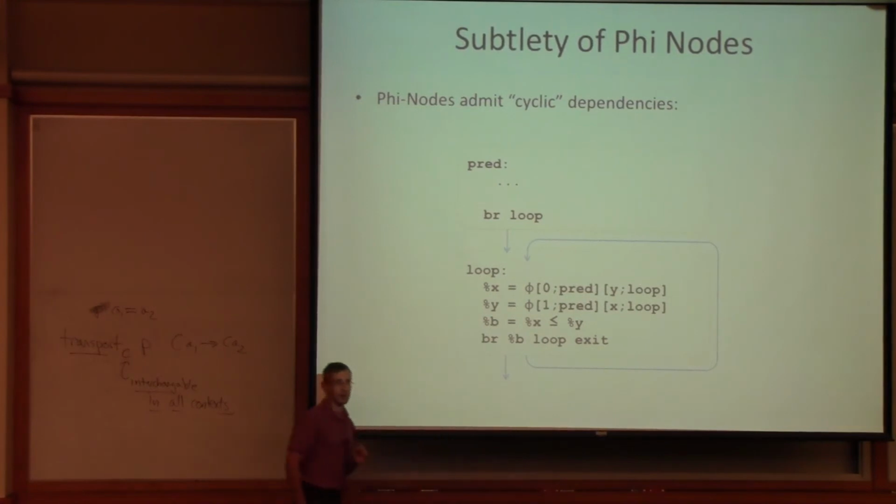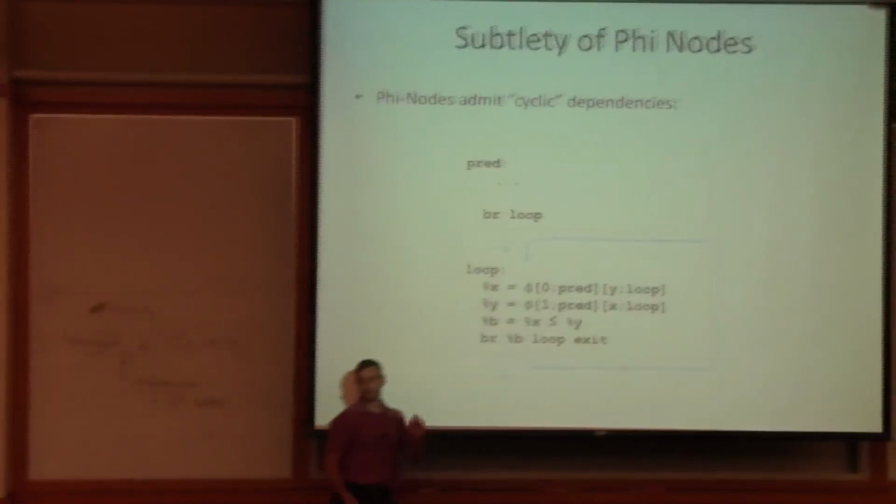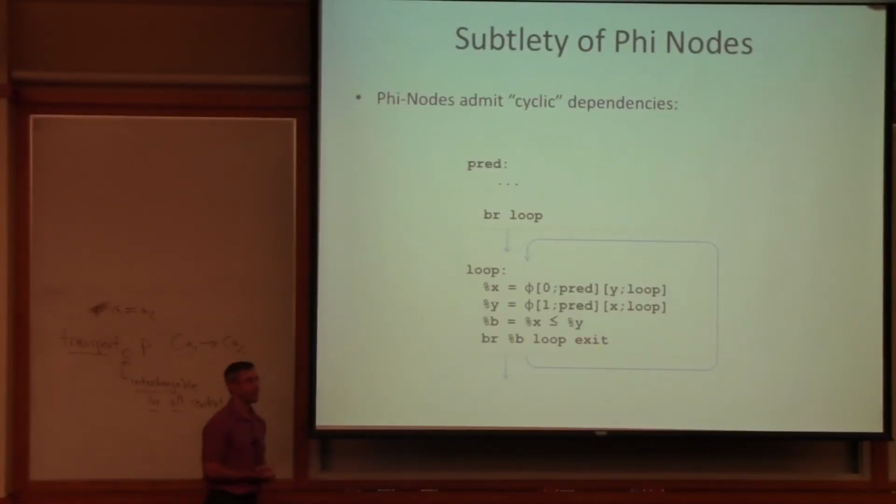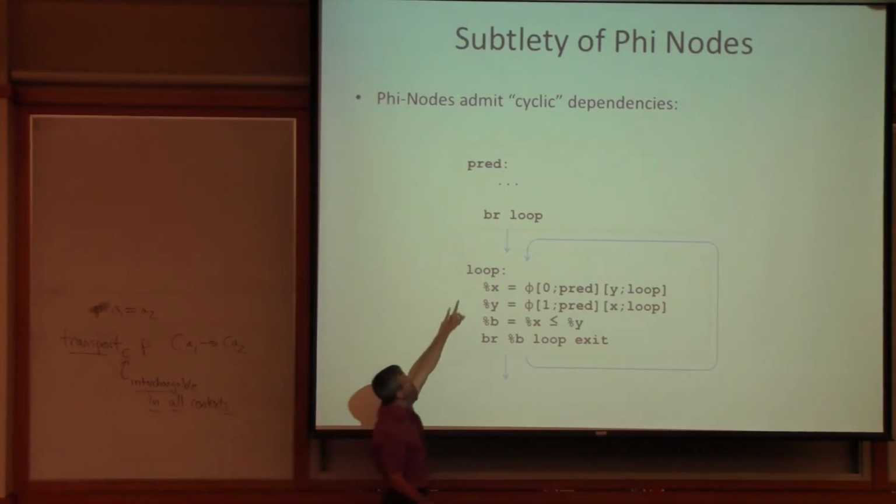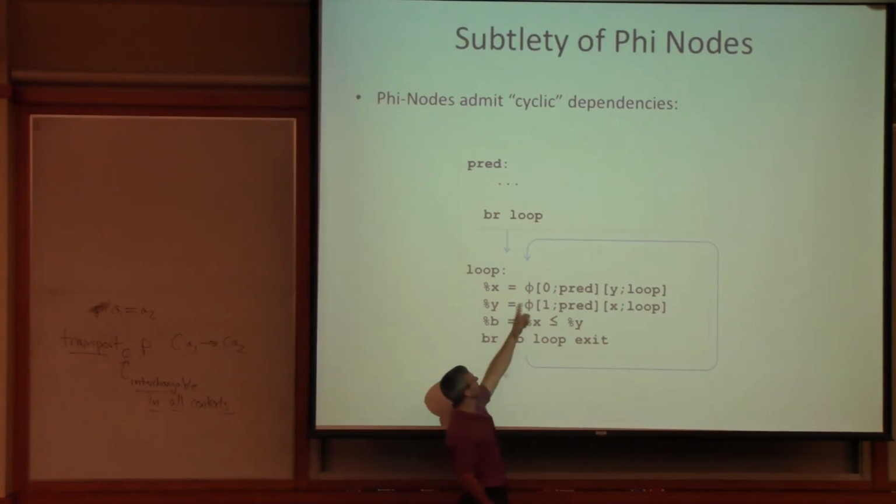So the question is, what is the semantics of this SSA program? Will it ever reach the exit, for example? Let's assume that pred is the entry point to this program. When we jump to the loop, we're going to get x is 0, y is 1, so x is definitely less than y.